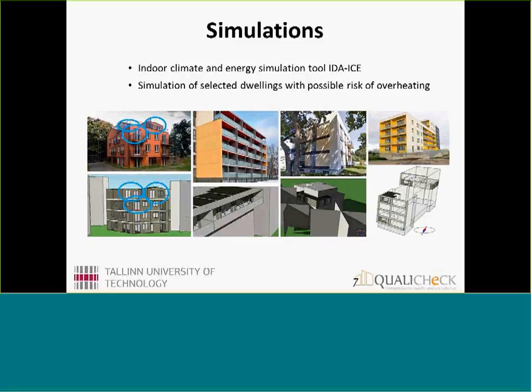also these critical apartments which have the highest risk for overheating are marked, at least in one building, and it is indeed one complication of this kind of method that nobody has the capacity to simulate all apartments in the building, but at least 2 most critical apartments need to be simulated.